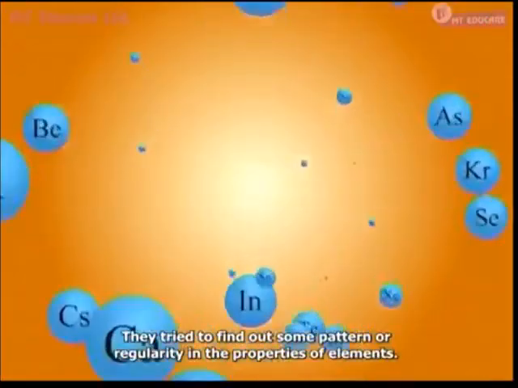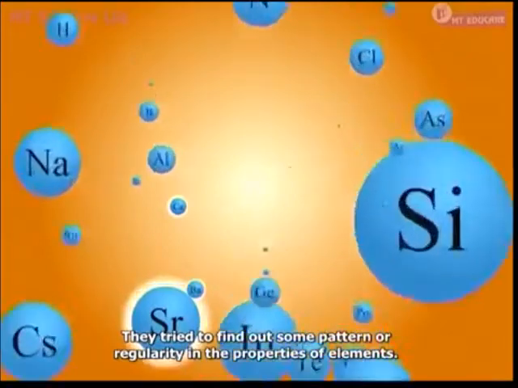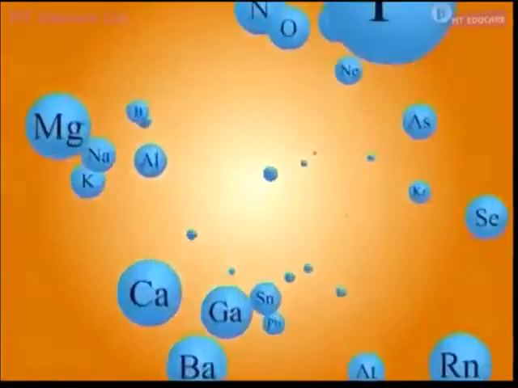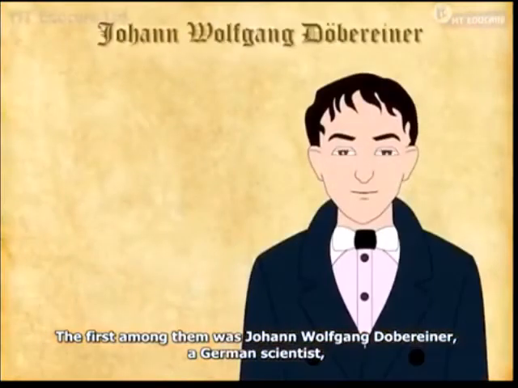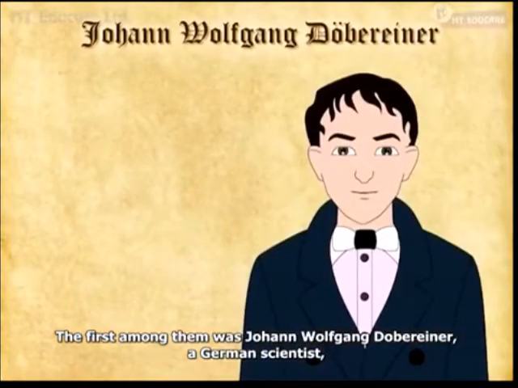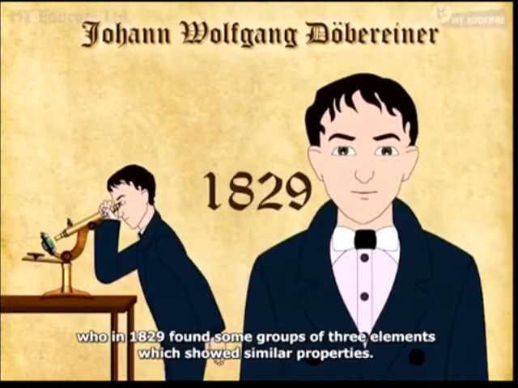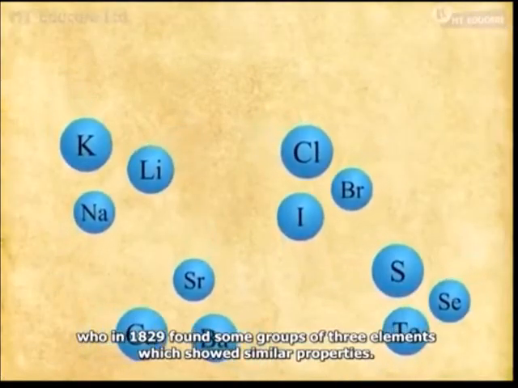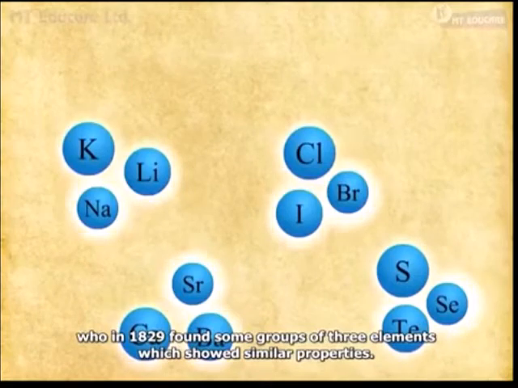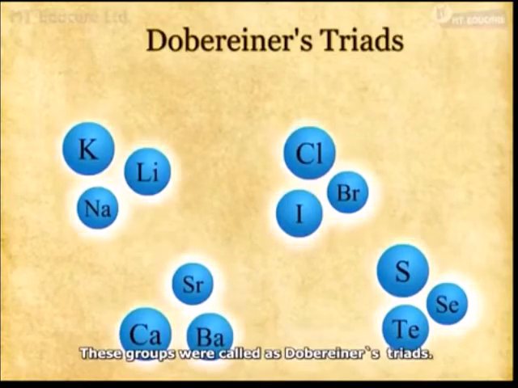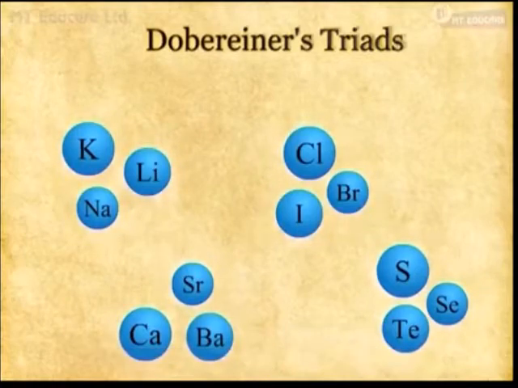They tried to find out some pattern or regularity in the properties of elements. The first among them was Johann Wolfgang Dobereiner, a German scientist who in 1829 found some groups of 3 elements which showed similar properties. These groups are called as Dobereiner triads.